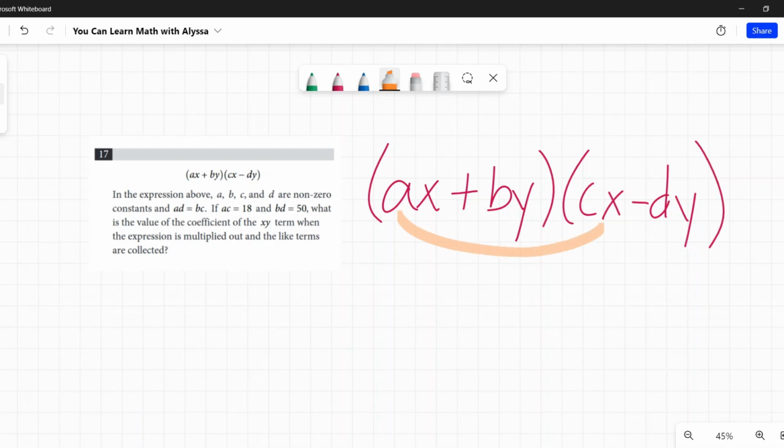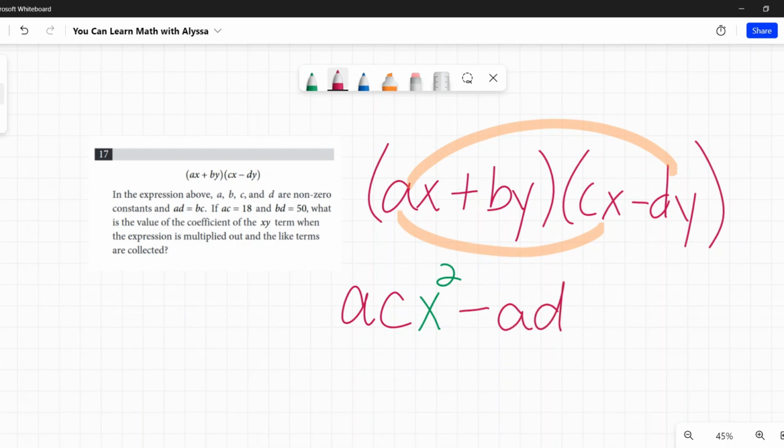All right, so first, ax times cx. So we have a times c, x times x is x squared. Then I have my outside, ax times negative dy. Okay, so I have negative a times d, and my little variables, x times y. Then I have my inside, by times cx.